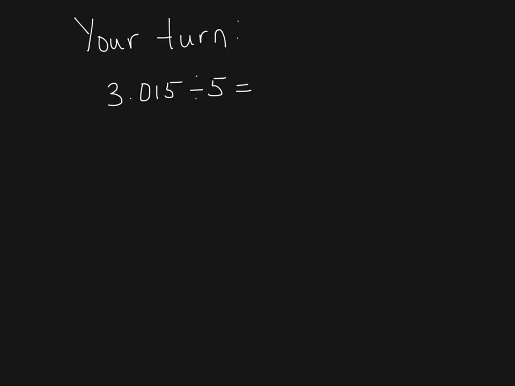Now it's your turn. You're going to divide 3 and 15 thousandths by 5. So if you use a place value chart, think about how you can break the numbers up, look for compatible numbers, numbers that can be divisible by 5. If you want to use the standard algorithm with unit form, think about how do I want to break those numbers up.